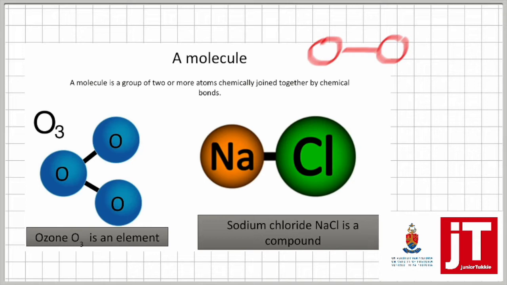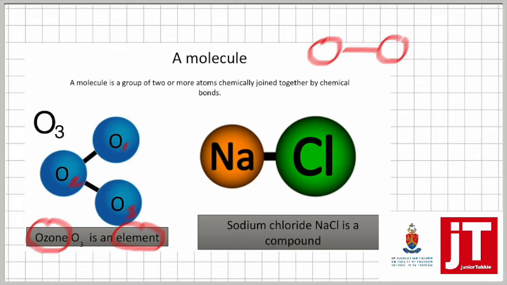Let's have a look at our first example over here, which is ozone. Ozone is made up of 3 oxygen atoms, 1, 2, 3 identical atoms bonded together to form ozone. Now, because these atoms are all oxygen atoms, for that reason, ozone is an element.